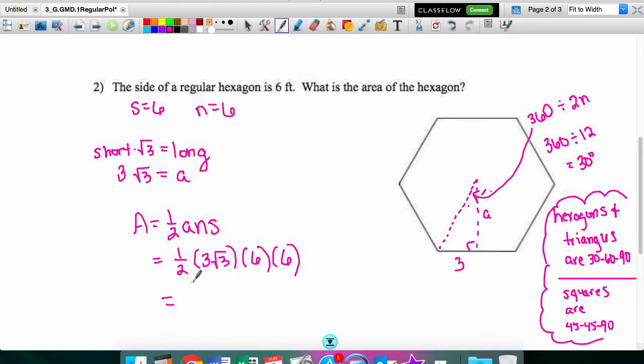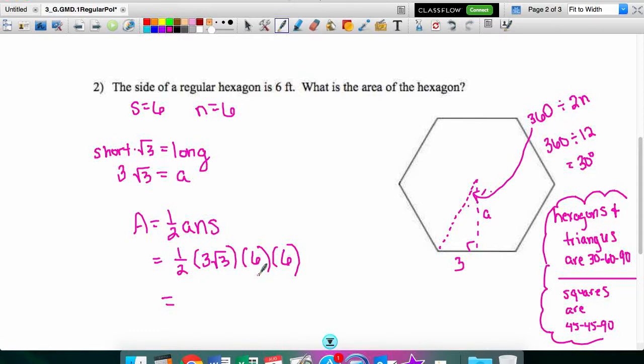So when I simplify this, I see I have a radical on the inside. So I'm going to multiply all of the numbers on the outside. 1/2 times 3 times 6 times 6. Because multiplication is commutative, I could swap some of these and move things around because it's associative as well. I'm actually going to cut the 6 in half first.